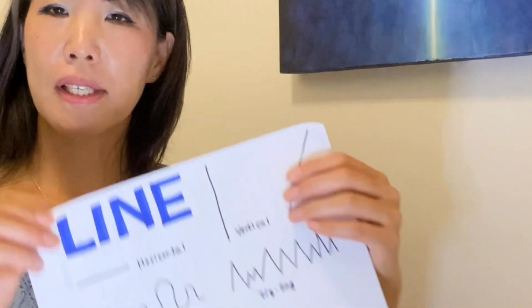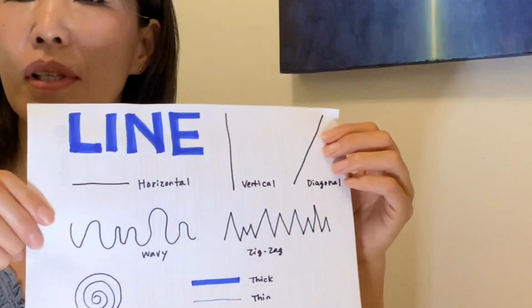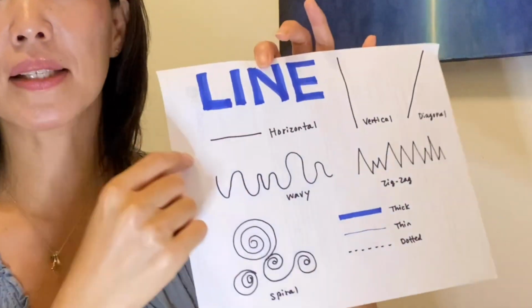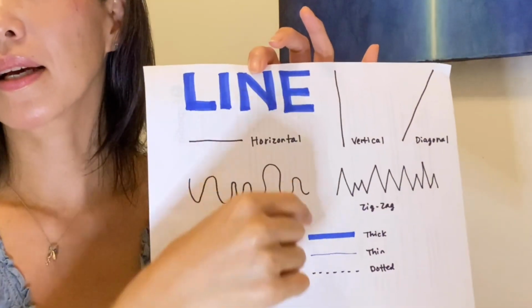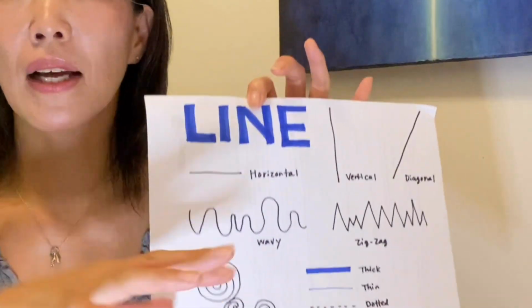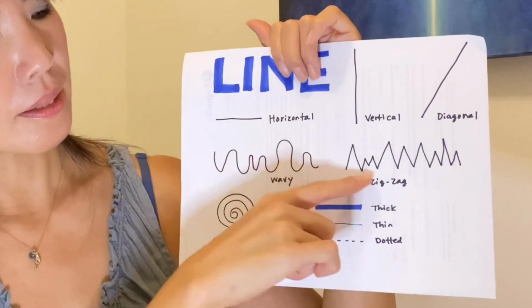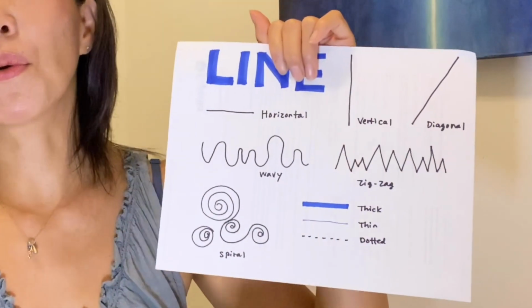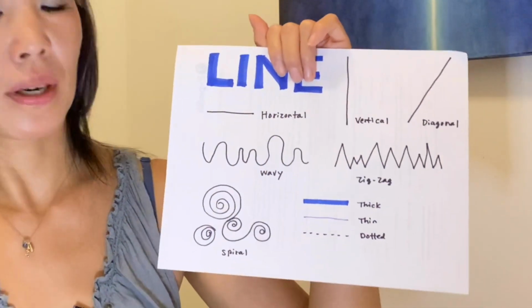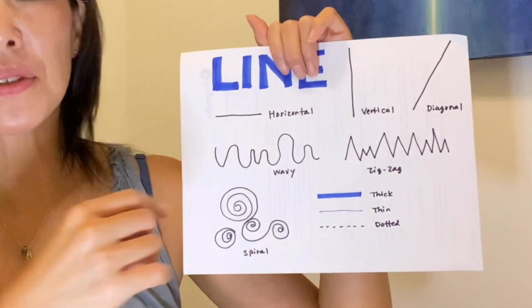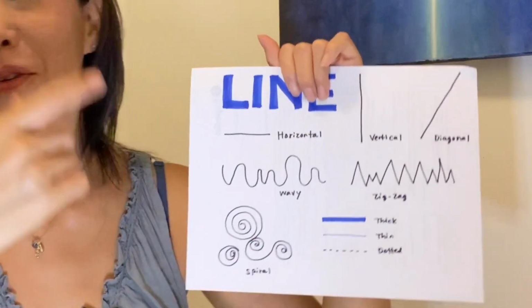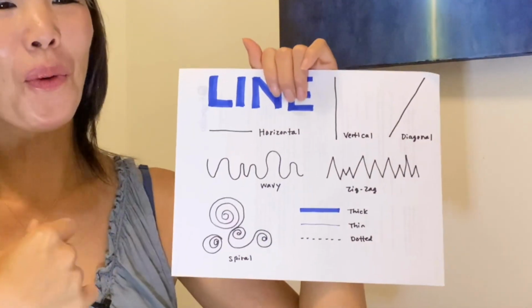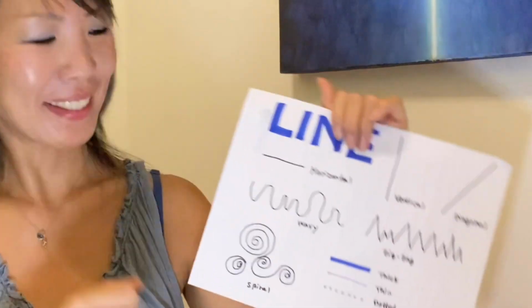So do you see kind of emotions in lines? Let's see, this is kind of calm, nice, and this is zigzag. It's kind of excited or angry. Or spirals, I don't know, confused or moving.